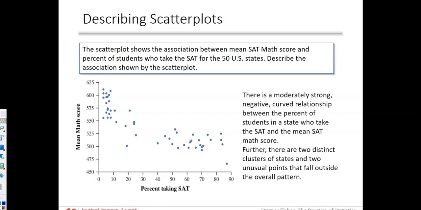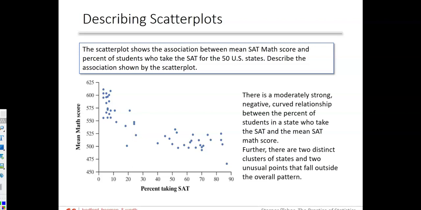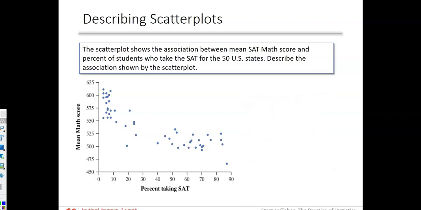So if you want to describe this, first you talk about strength. Moderately strong. It's certainly not super strong or anything. It's maybe moderately strong association. Is it curved, or is it linear or nonlinear? It looks somewhat curved here. It looks like it has a nice curve to it, so maybe nonlinear.